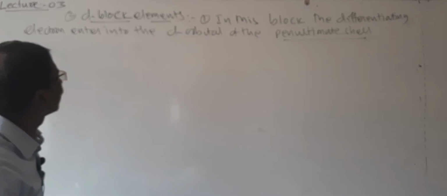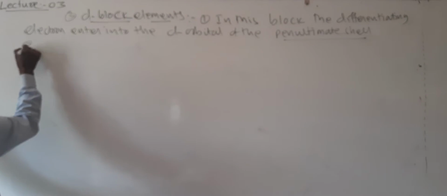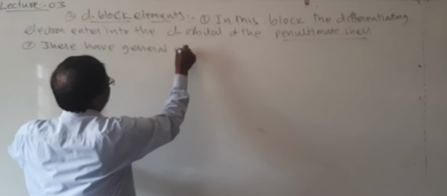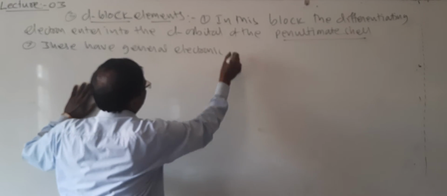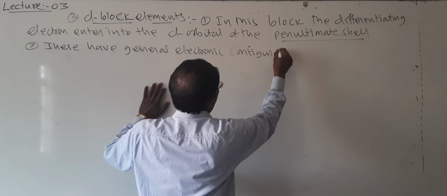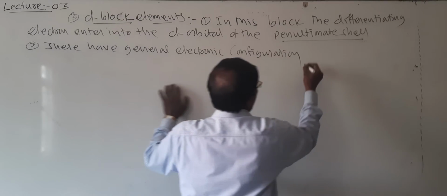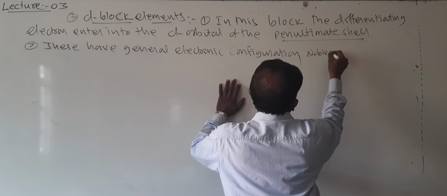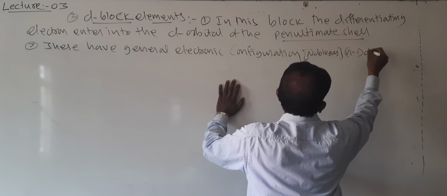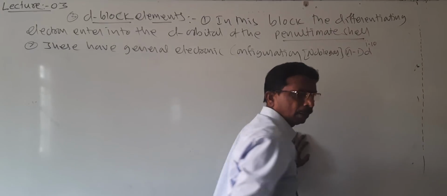So here, these have a general electronic configuration: noble gas, (n-1)d 1 to 10.